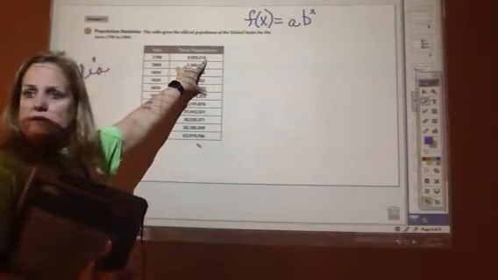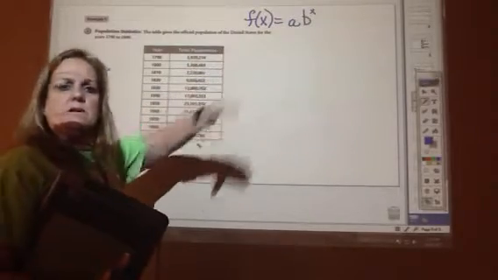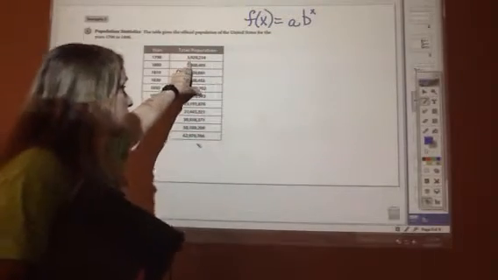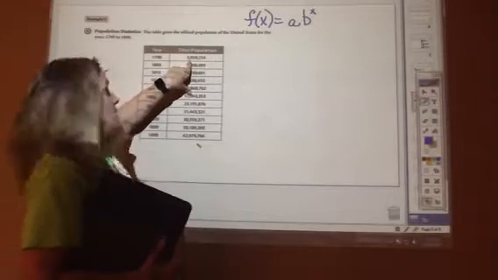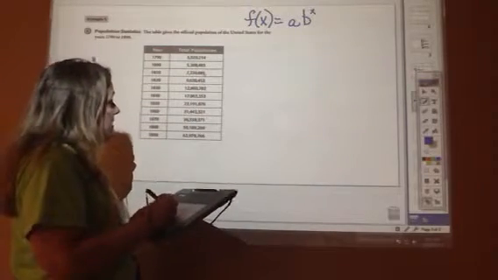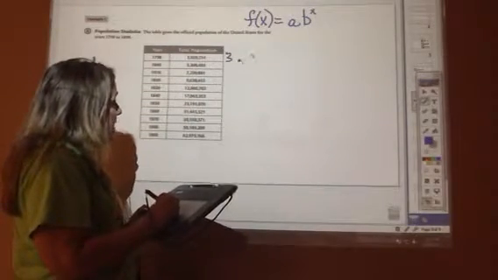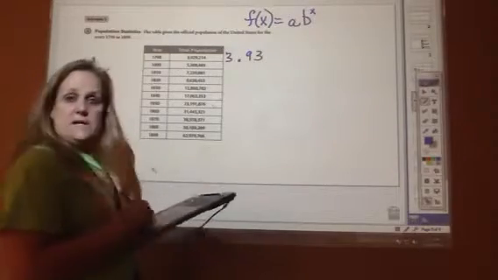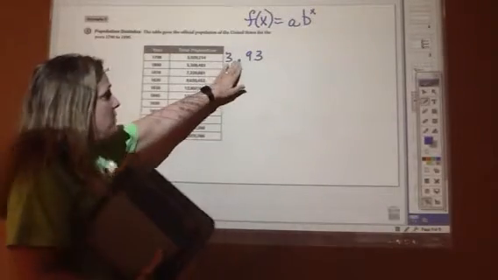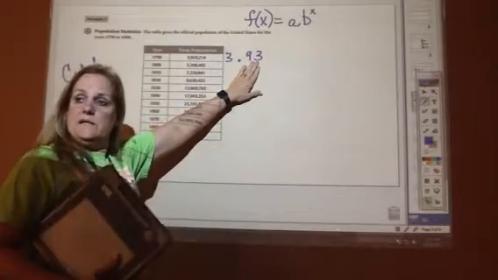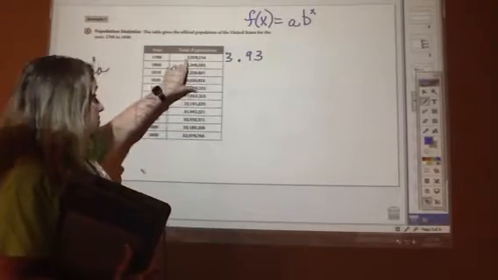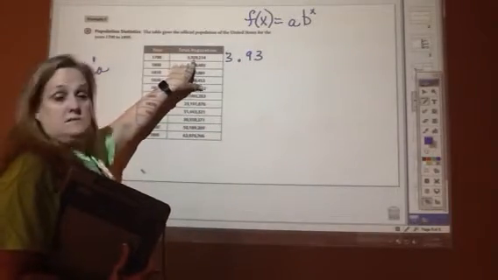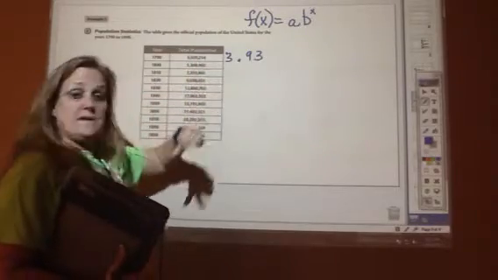Now that's a big number, like 3 million something, so we're going to change that to a decimal. 3.93 million is 3,930,000.